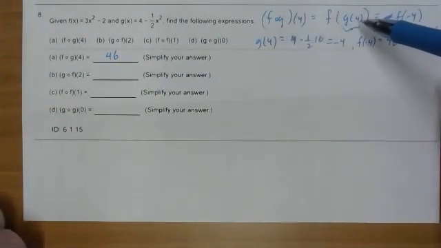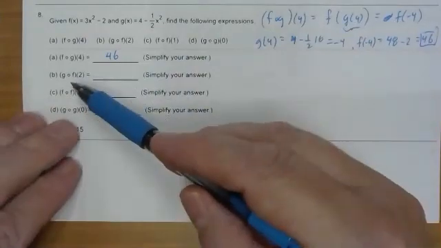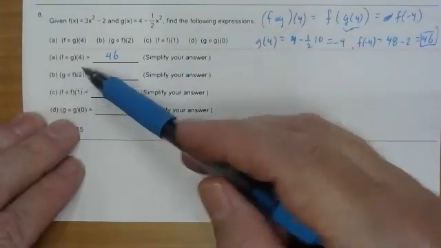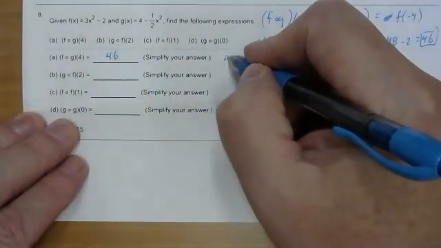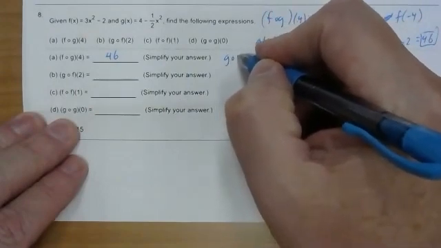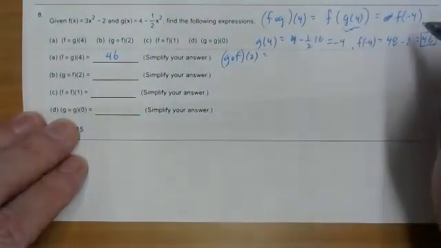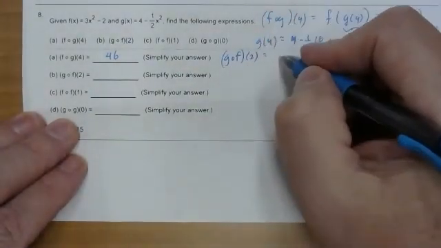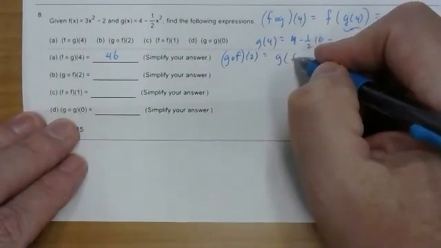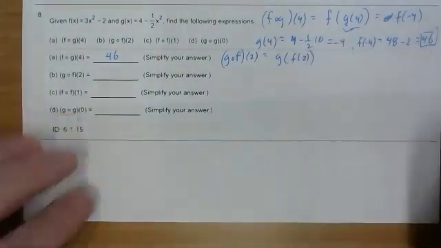in more pure function notation. So for instance, g composite f of 2, before I do anything, I rewrite this as g of f of 2.